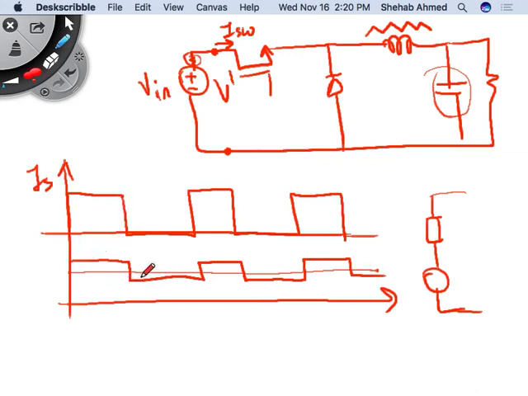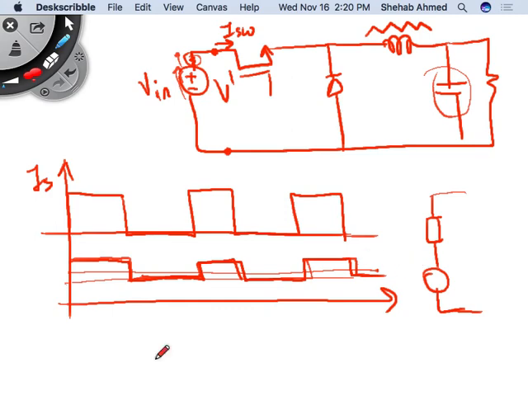It should be at the same line as the input voltage, the ideal source, plus this drop. When there is a drop across the impedance, there's a drop, so this will be your input voltage.